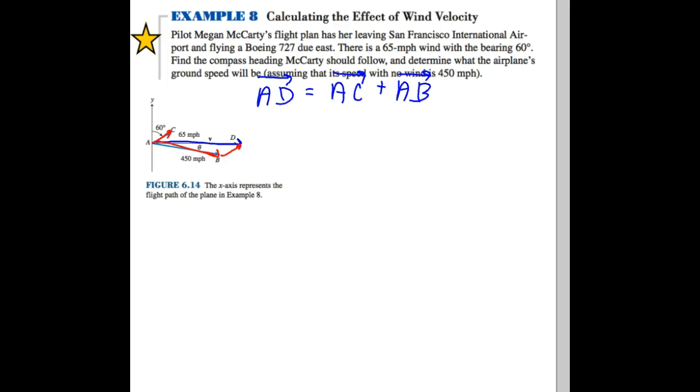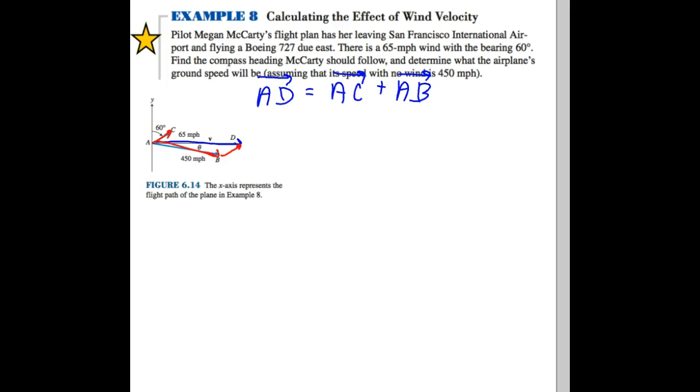The plane plus the wind is going to give you your resulting speed and direction. So we need to come up with component forms for vector AC and vector AB, and then we can add them together to get AD. Does that make sense? Okay.